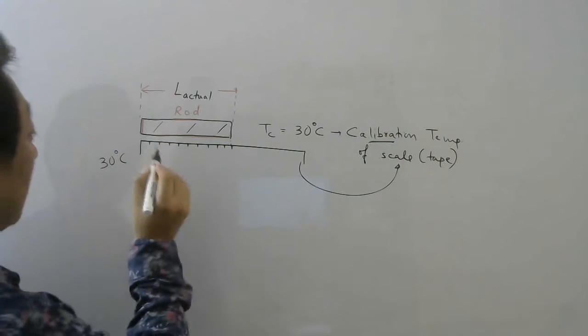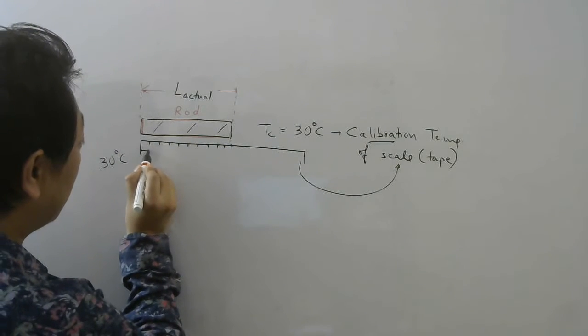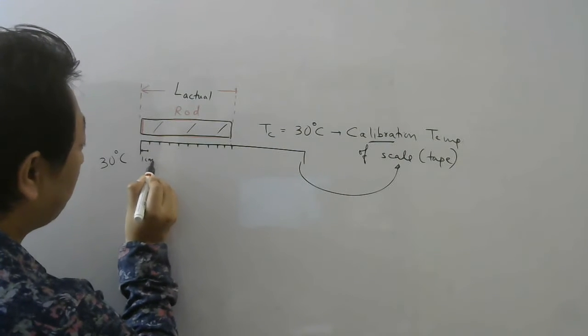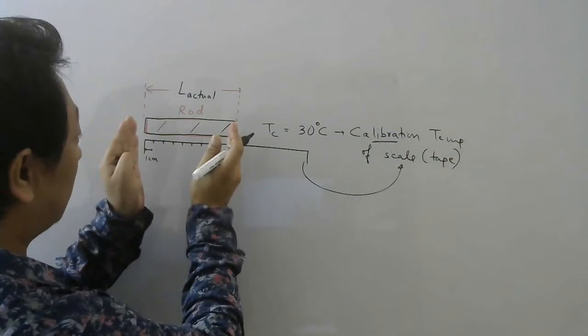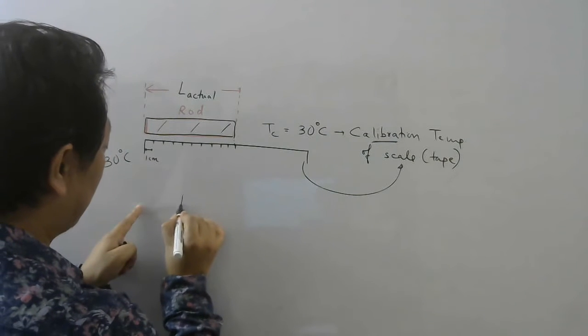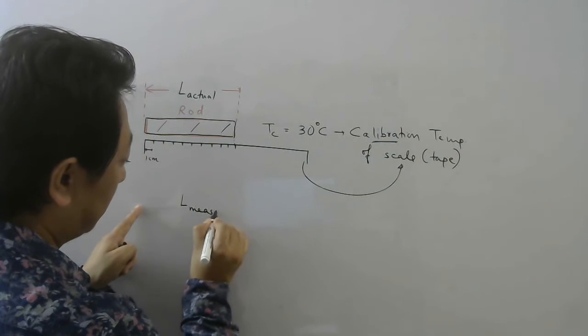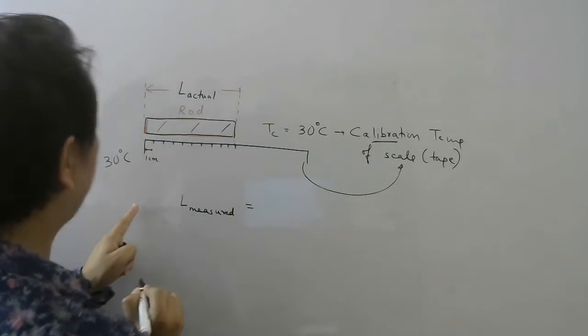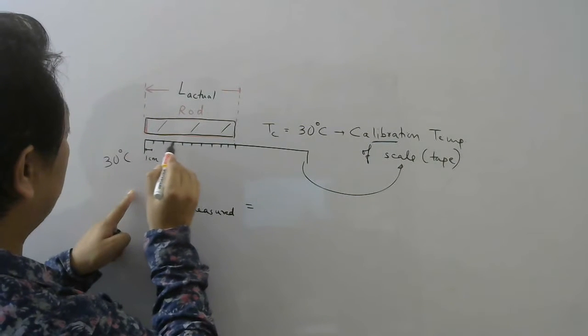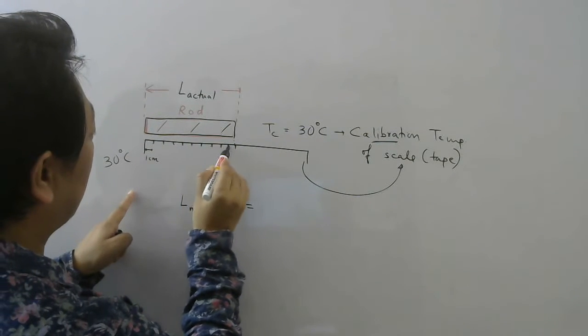So now let us assume each division here is 1 centimeter. So what will be the length of the rod as measured by the scale? The measured length will be equal to 1 centimeter, 2, 3, 4, 5, 6, 7, 8, 9, 10.